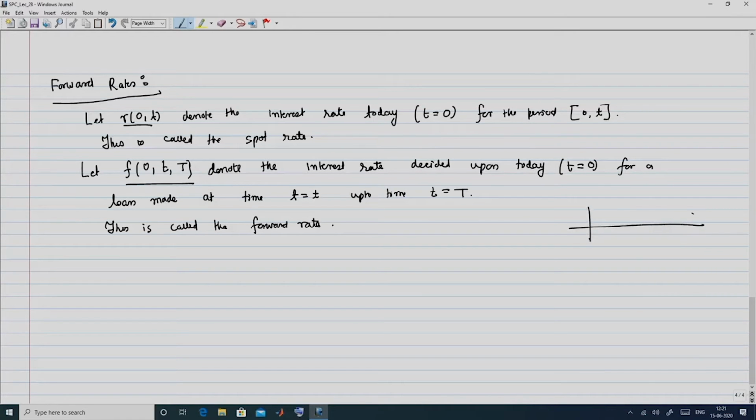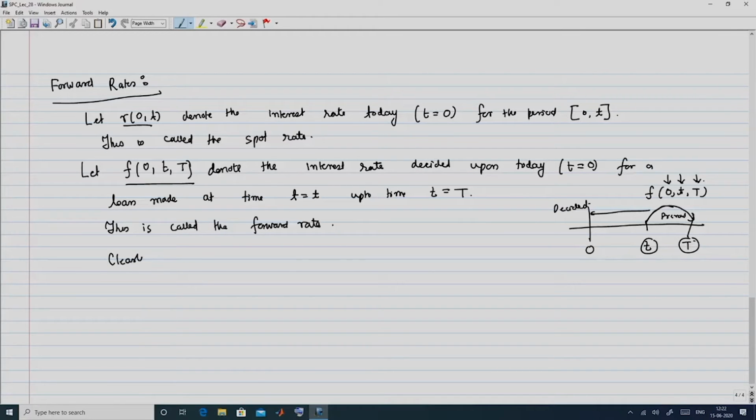So, just to put things in perspective, we have this time today at 0, and at time 0 we decide on the rate for a loan that is going to be applicable from time small t to time capital T. So, the interest rate will prevail in this period, but the rate is fixed at time t equal to 0.